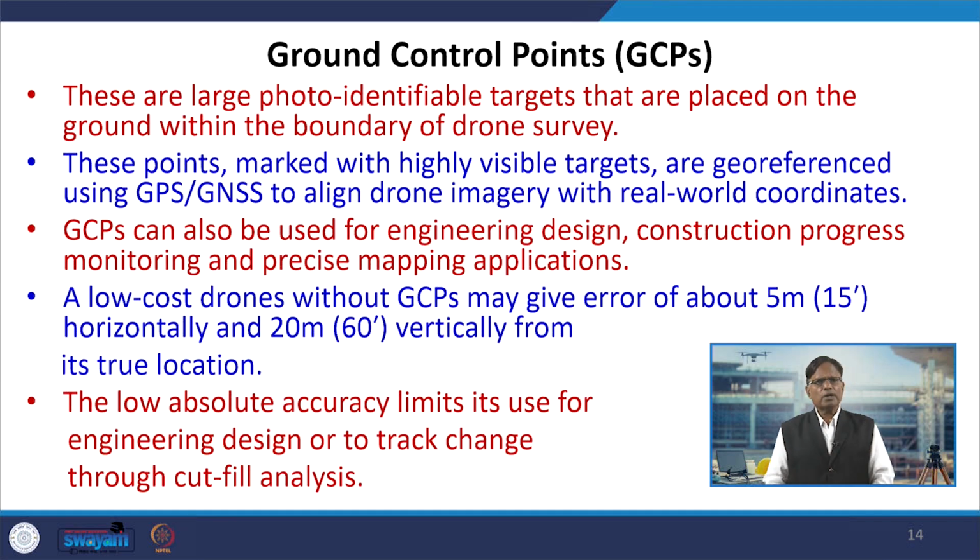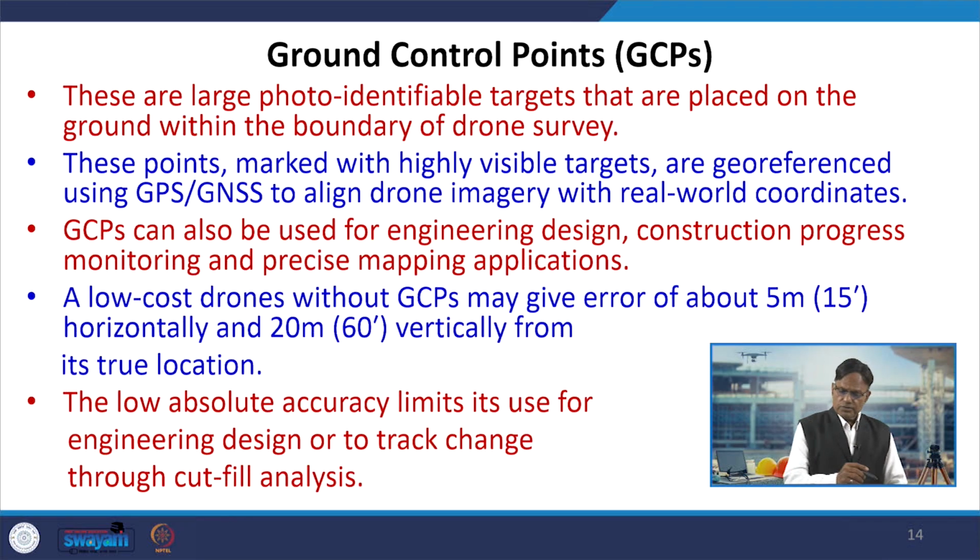Now, we talk about the ground control points. These are large photo identifiable targets. Those targets which you are selecting on the ground as ground control points should be identifiable on the photograph when you are taking it. So, you are placing them on the ground within the boundary of the drone survey area which you would like to complete.